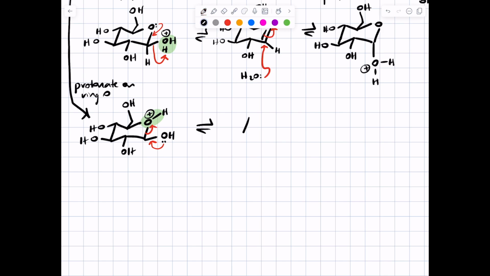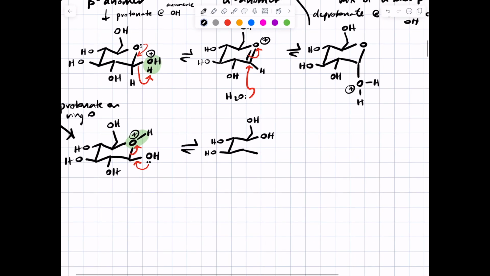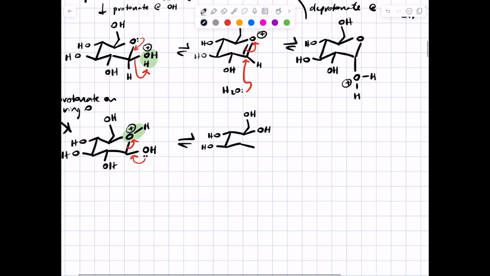That would get us to the following open chain form. These mechanistic steps should not be a surprise. You should see them as variations on hemiacetal formation, acetal formation, hemiacetal hydrolysis, acetal hydrolysis, and so on.